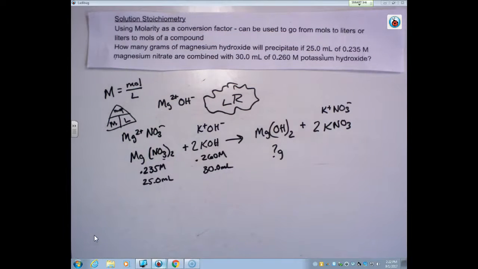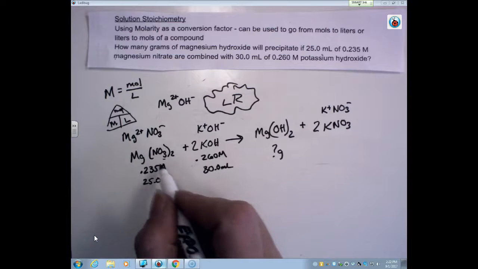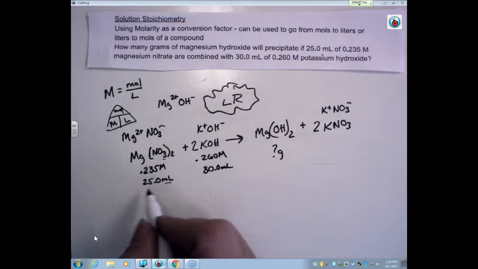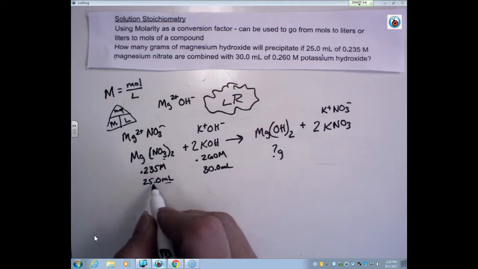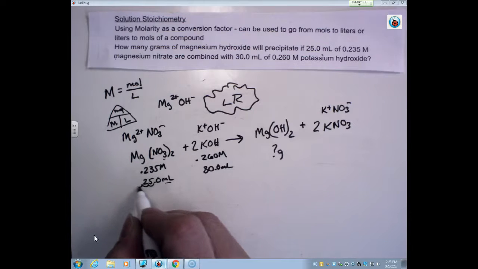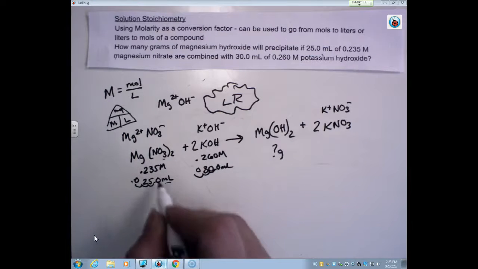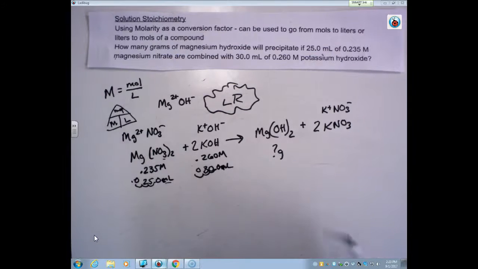And that's really a good strategy to have in AP chemistry, is that if you can convert something to moles, or if you can write a chemical reaction, all of those are going to be very helpful things that will probably push you along the right path. So I need to find my moles, but notice I have milliliters here and not liters. So I need to convert all of these to liters, and we're going to move the decimal over 3 places, both of these. And those are our liters there.